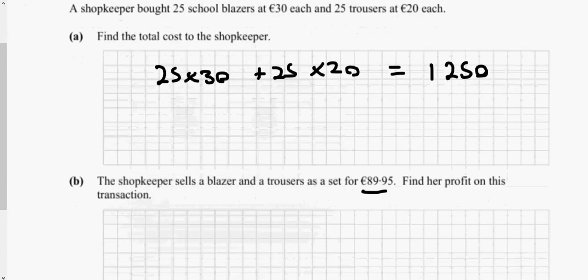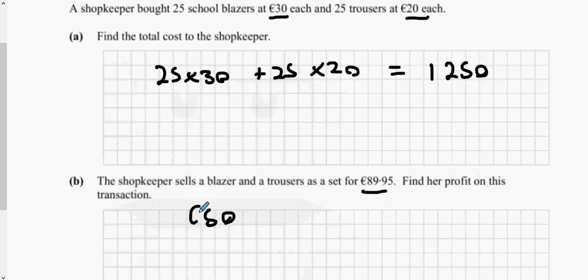So one blazer's 30 and trousers is 20. Add them together, they cost €50 per set. She's selling them for 89.95. That means you're making a profit of 39.95. Divide that by the €50 it cost you. And how much profit do you get?